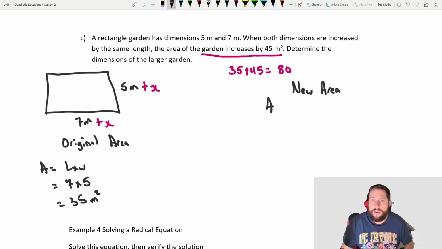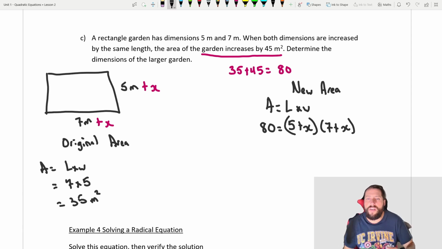So here's the new area. So we have area is equal to length times width. Okay, the area of the new spot is going to be 80. Well, that's going to be equal to 5 plus x and 7 plus x. Because we need to find what the dimensions are. Okay, so what we're going to do is expand these brackets and then move the 80 over so that it equals 0.